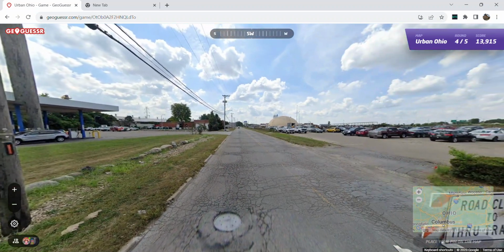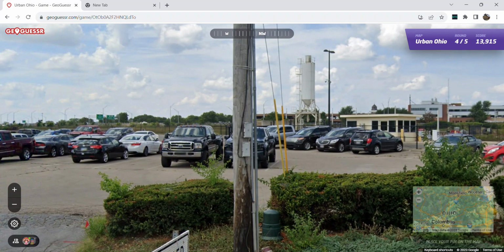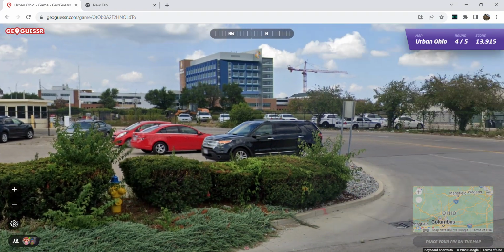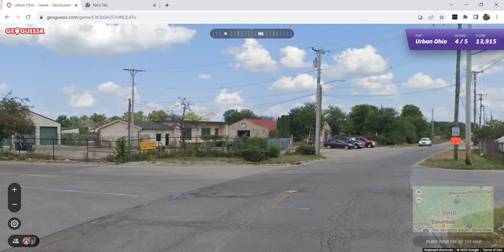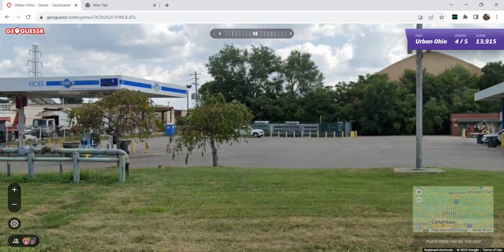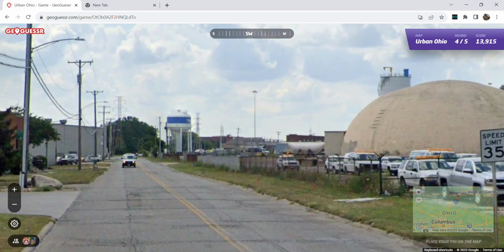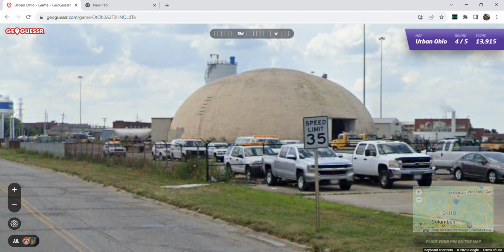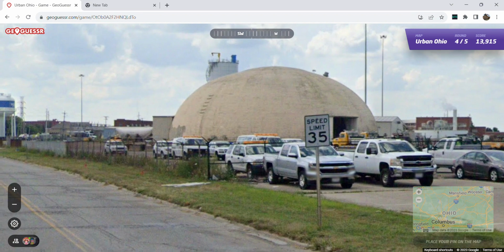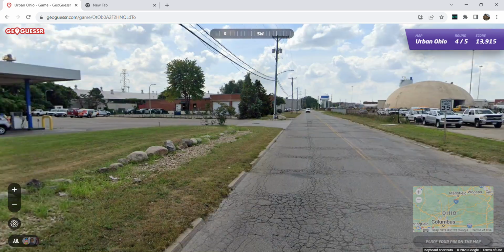Let's look at round 4. This looks like we're going to get some clues. Looks like we're in a fairly industrial kind of looking area. CNG. Definitely like some highway service.